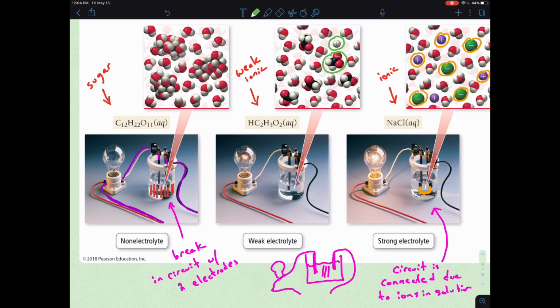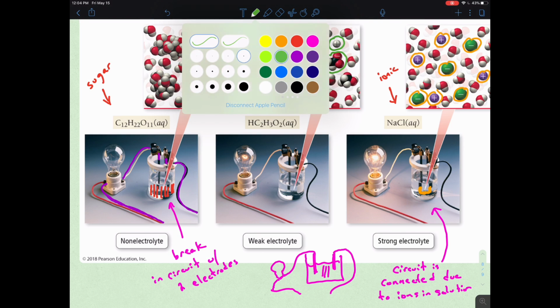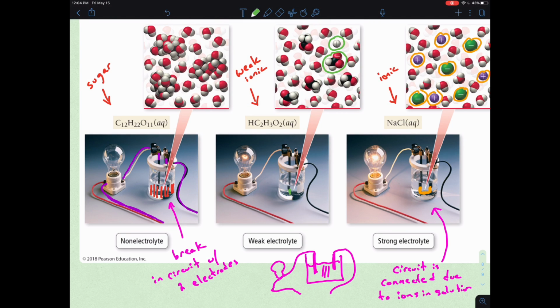With the ionic system, we had a lot more of those positive and negative charges because of this full dissociation that's occurring. So there still is a connection. It's just a little bit weaker because there's less of those ions in solution.